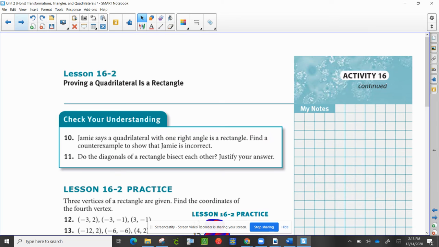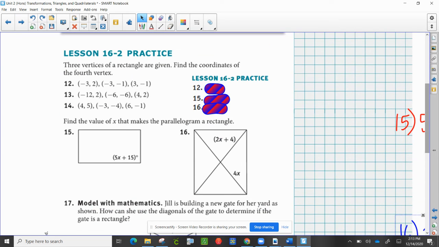So let's just do a couple of practice problems on this next page here. So in problems 12, 13, and 14, it's similar to some practice problems we did yesterday. But in number 12, it says three vertices of a rectangle are given. Find the coordinate of the fourth one.